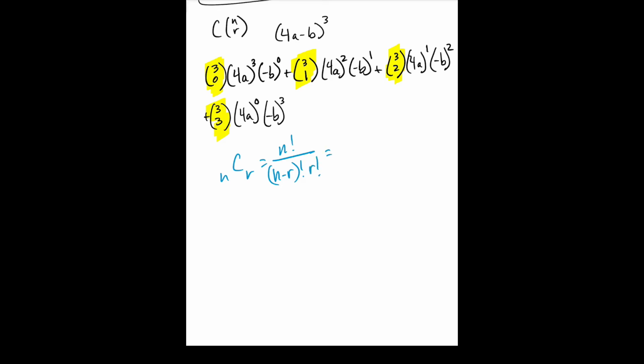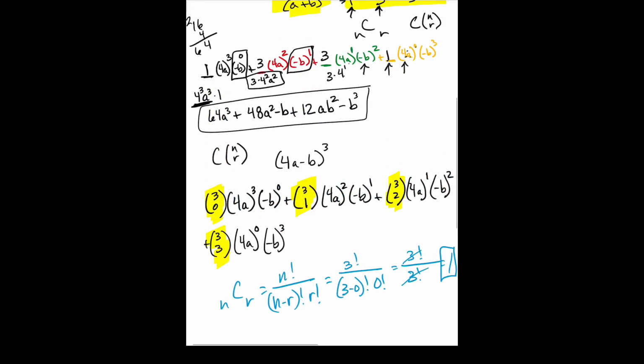So for my first term it's going to be 3 factorial over 3 minus 0 factorial times 0 factorial. So that's 3 factorial divided by 3 factorial, and then 0 factorial. So I know that these will cancel out and will give me 1.